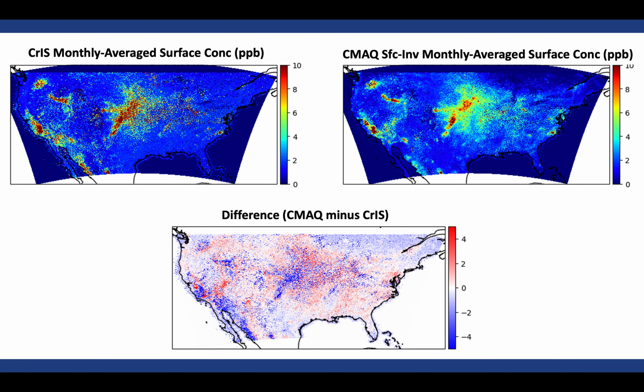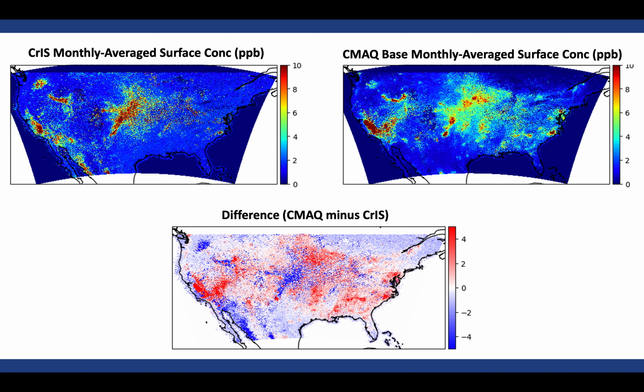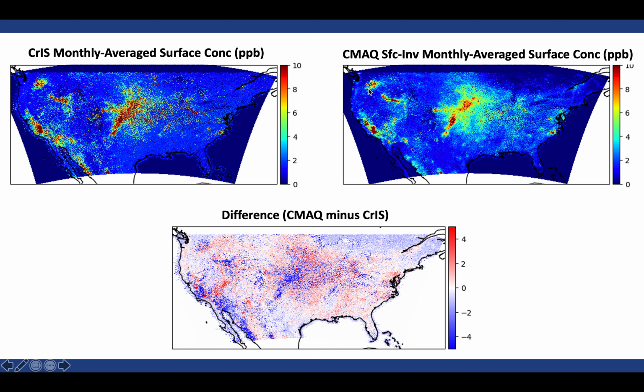And then same over California, and then in the Pacific Northwest, we see reductions over California and then increases in the Pacific Northwest. Again, matching much better with the CRIS observation. So at first glance, it seems like using the inversion with the bidirectional flux is working correctly.